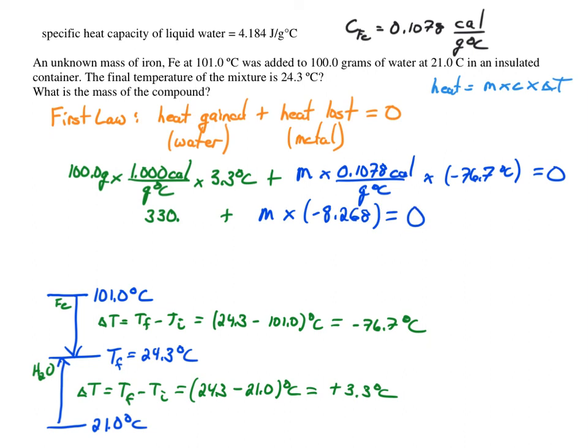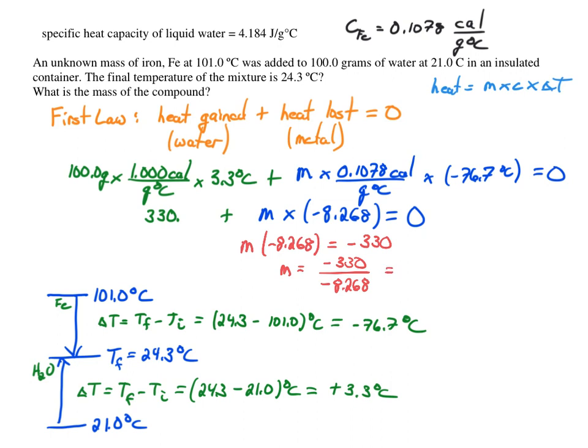So we're going to solve this equation for m. We see that m times minus 8.268 is going to be equal to a negative 330, and therefore m is going to be equal to a minus 330 divided by a minus 8.268. This is just simple algebra.